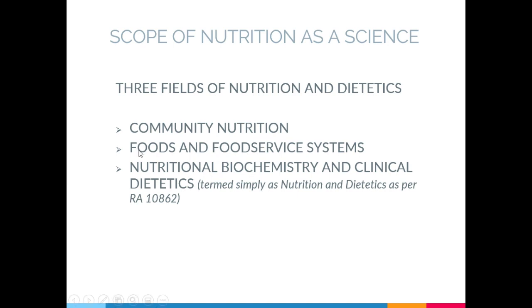Our board exam has 600 items in all: 200 items in community nutrition, 200 items in food service, and 200 items in clinical. So the term for clinical dietetics in that law is simply nutrition dietetics. Okay? So that's why these are our three fields, because they are the composition of our board exam.